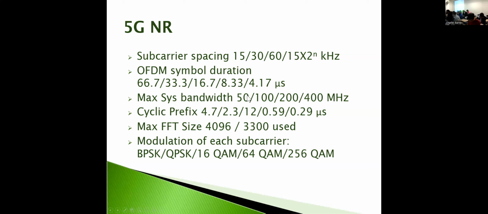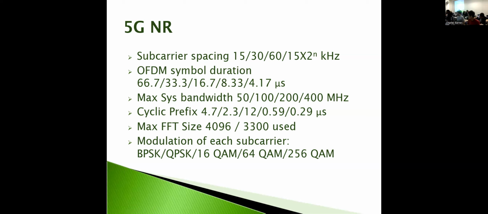In LTE, our waveform bandwidths were more like 5 megahertz, 10 megahertz, and in some cases, some vendors were able to support 20 megahertz or so. So we see with 5G, we're really jumping up a lot in bandwidth, and part of that is advances in analog to digital converters.